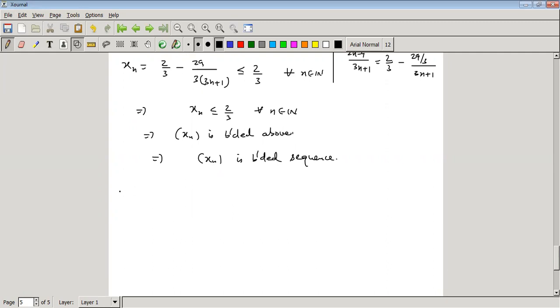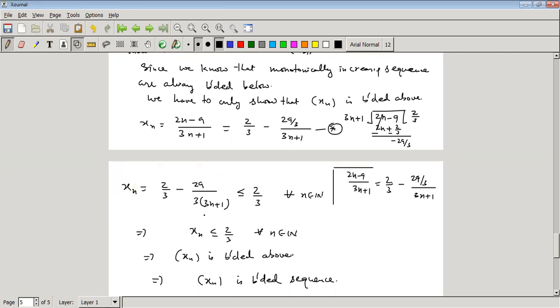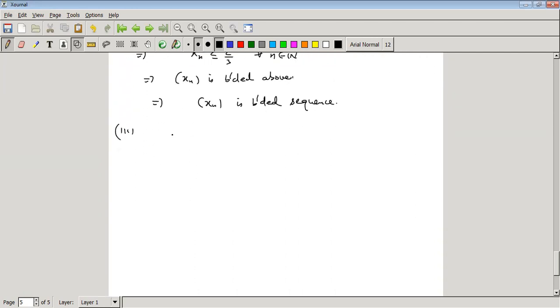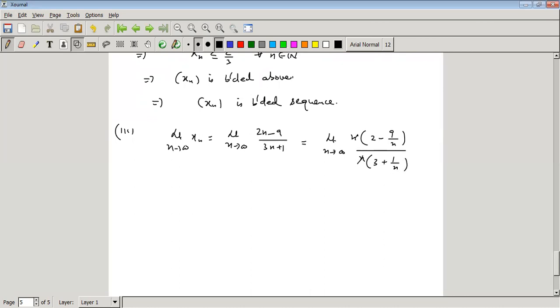Now we have to show the limit of the sequence. The third part is that we can take the limit of the sequence. So the limit as n goes to infinity of x_n is the limit as n goes to infinity of (2n minus 9) upon (3n plus 1). We can take n common, (2 minus 9 by n) divided by (3 plus 1 upon n), and then cancel out.